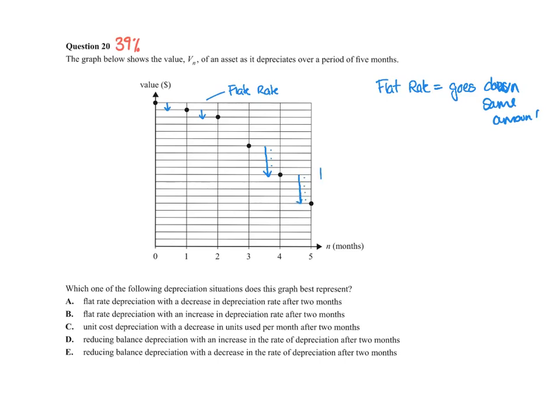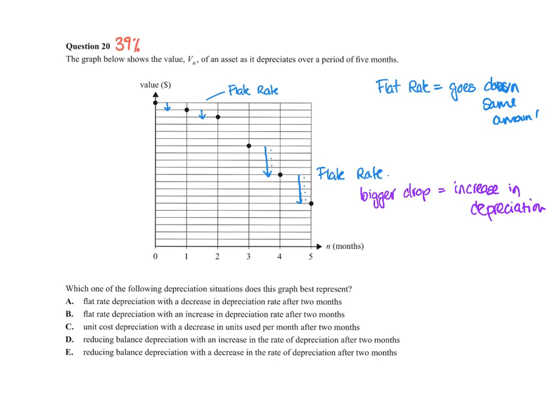So that's flat rate happening again. If you look though, it's a bigger drop, isn't it? So there's been an increase in depreciation. So the best answer there is a flat rate with an increase in depreciation.